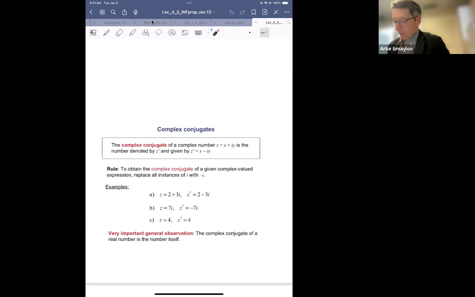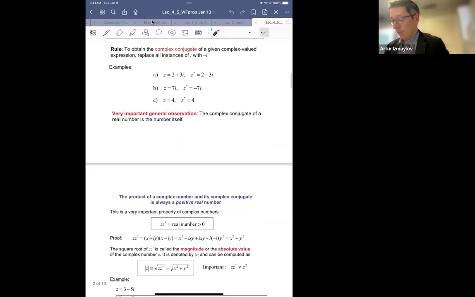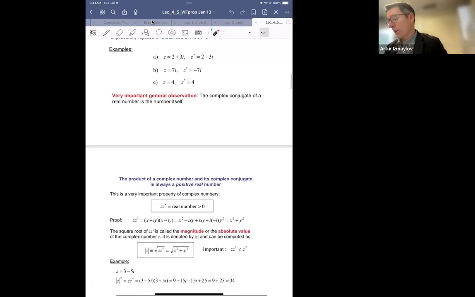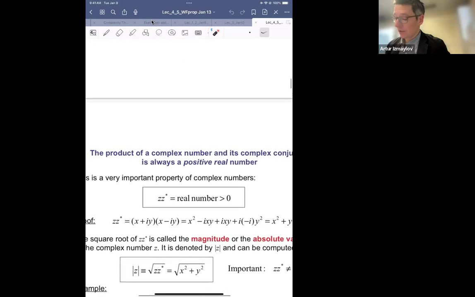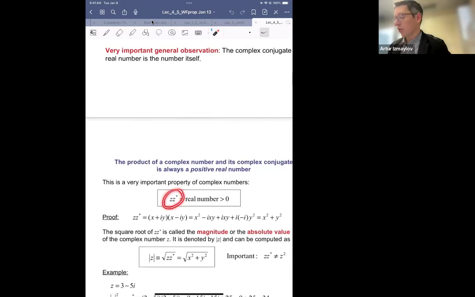So the conjugation of a real number is the number itself. And why is conjugation important? Because one way to get real numbers for sure from complex numbers is multiplying any complex number with its conjugate, z times z star.